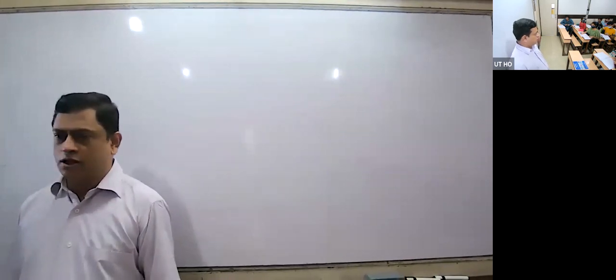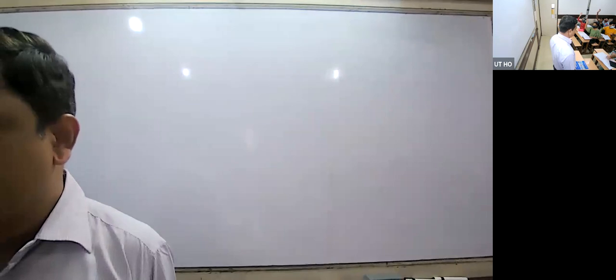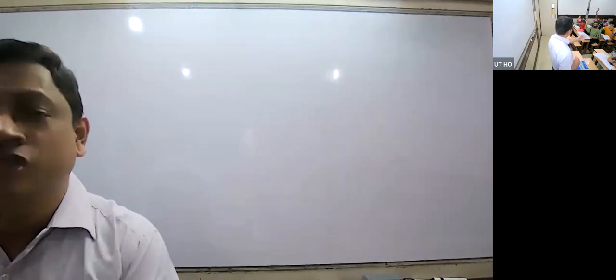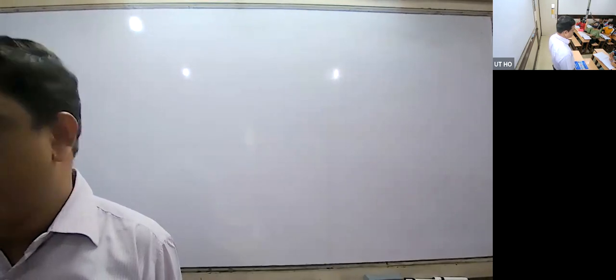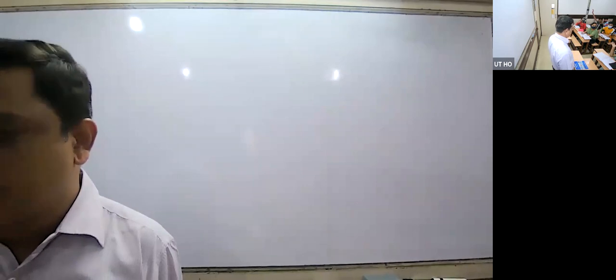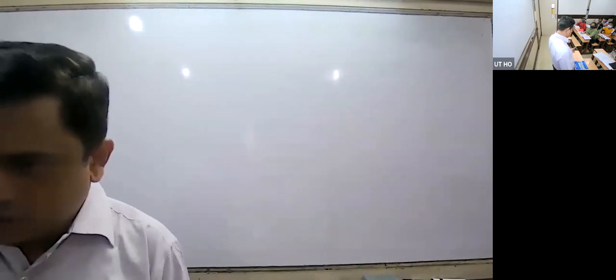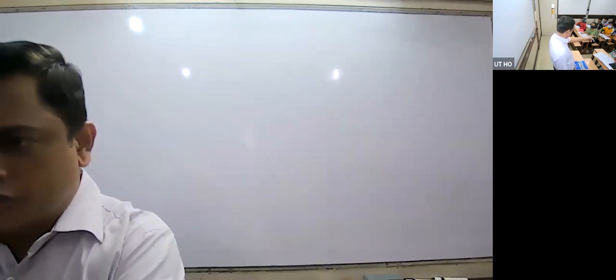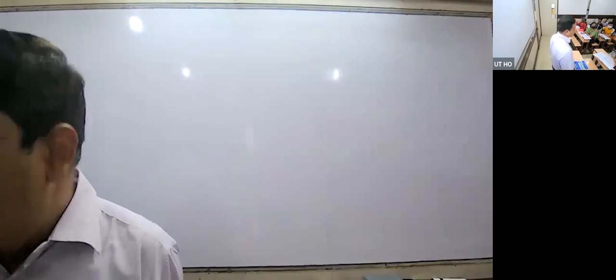And how many of your schools have done Euclid geometry? Keep quiet now. We will do Euclid geometry, okay? How many of your schools have it coming in the exam? It was in the exam, and again it will be there in the exam. Okay, so we will do Euclid geometry also.